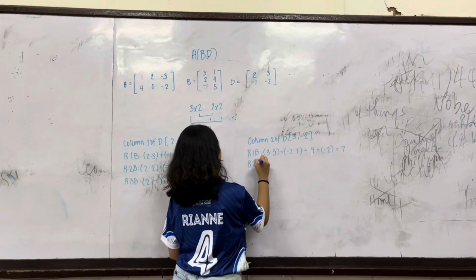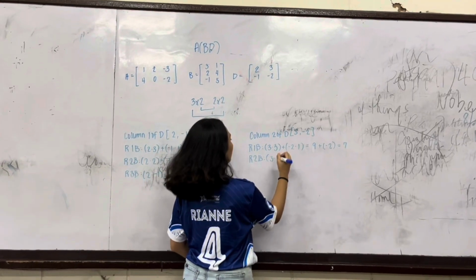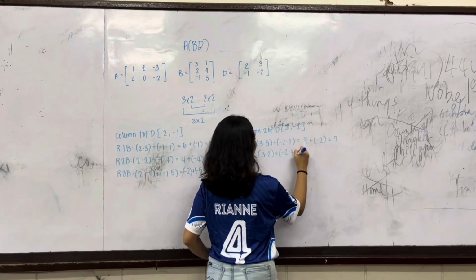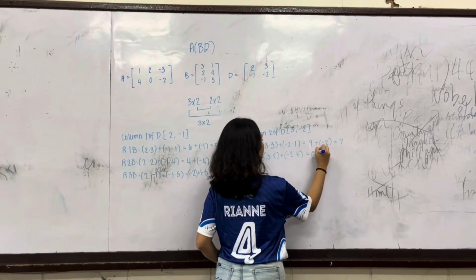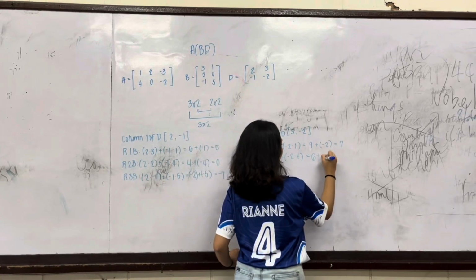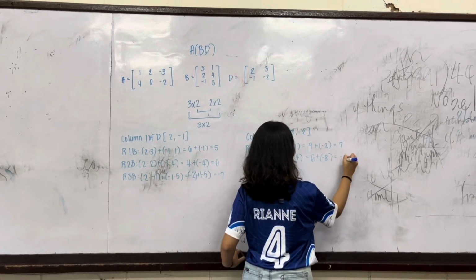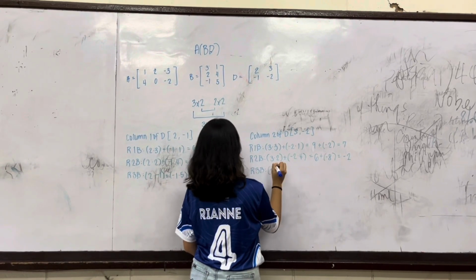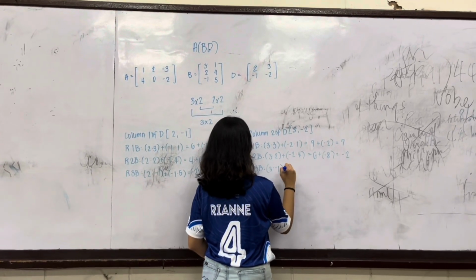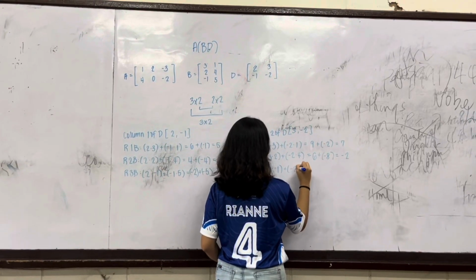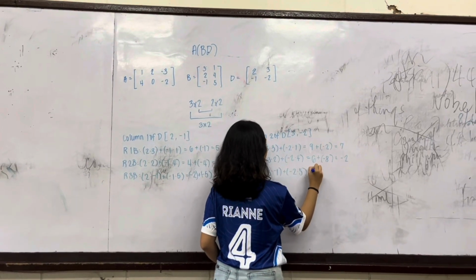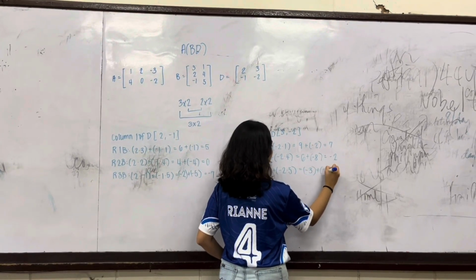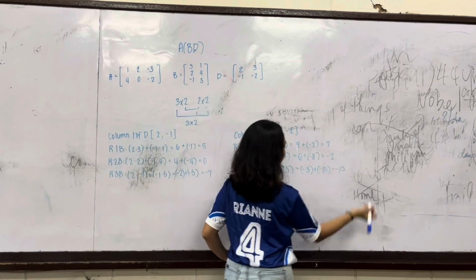Row 2 of matrix B, 3 times 2 plus negative 2 times 4. We have 6 plus negative 8, which gives us negative 2. Row 3 of matrix B, 3 times negative 1 plus negative 2 times 5, which gives us negative 3 plus negative 10 equals negative 13.